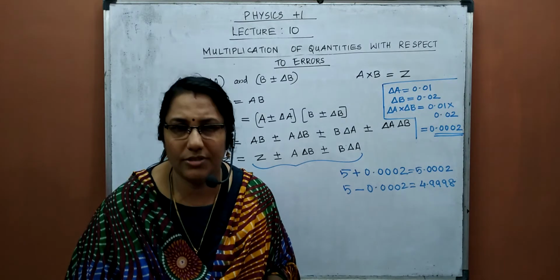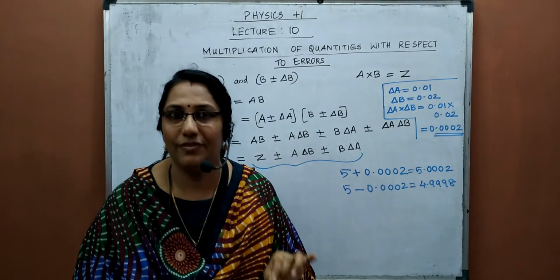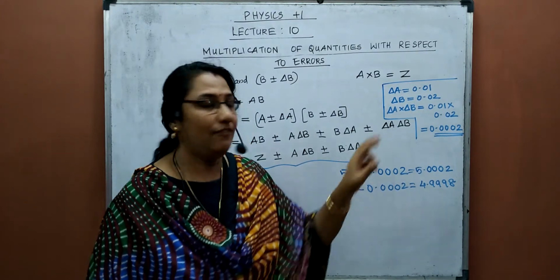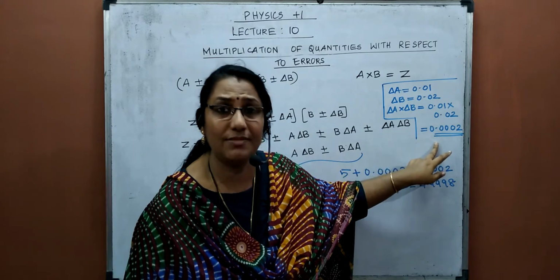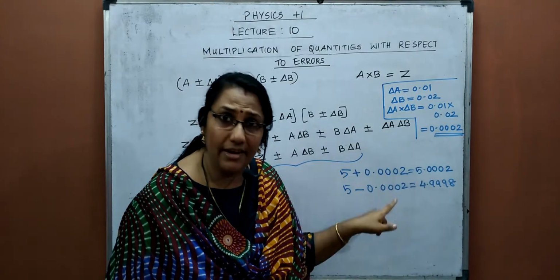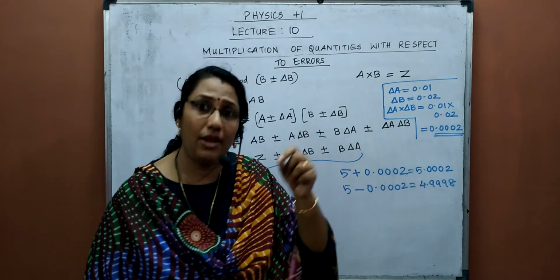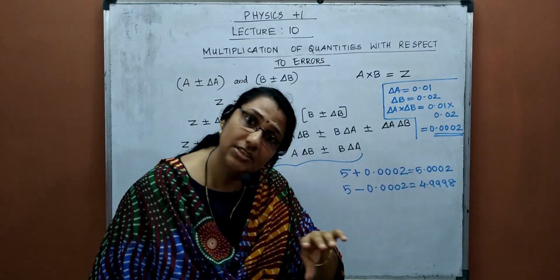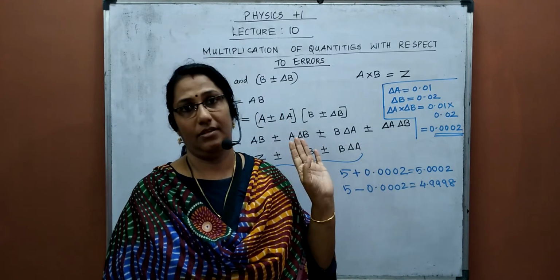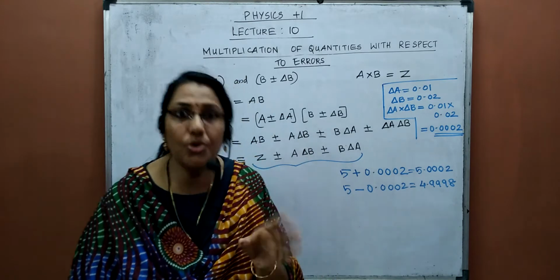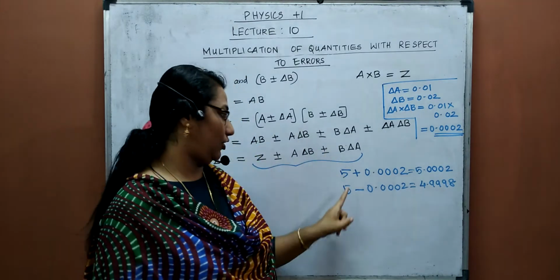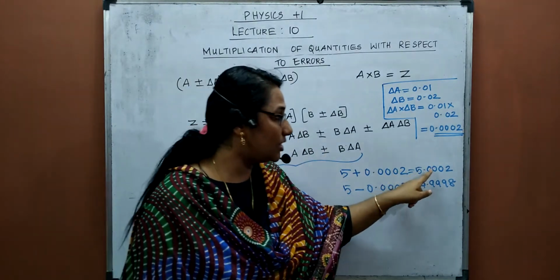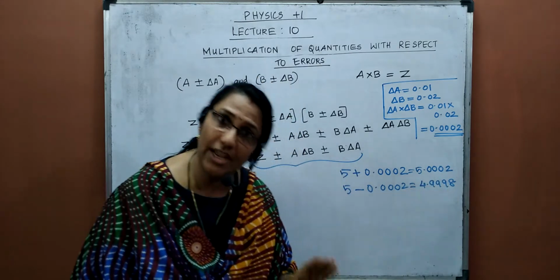No. Did you understand what we have said? When a very small value is added or subtracted from a quantity, no change comes. There is no change in the value. 5.0002 is also taken as 5.